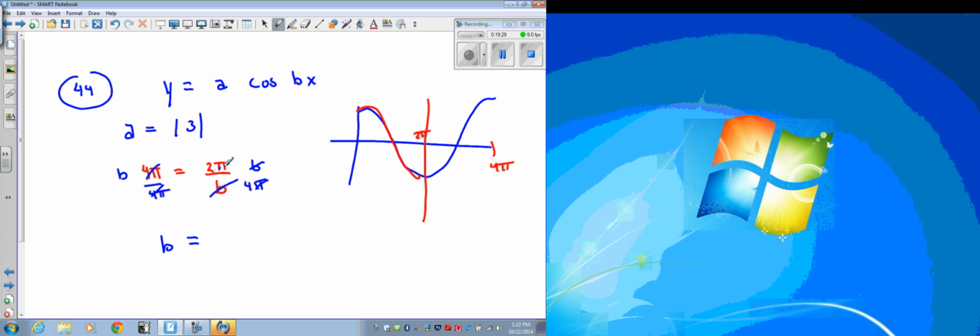Pi's go out, b is 1/2, right? So then the rest of this is cosine 1/2 x, because I'm substituting into this. That makes sense? We can look at 46.